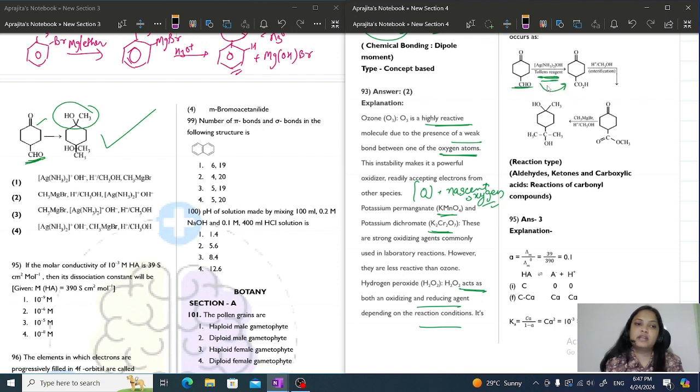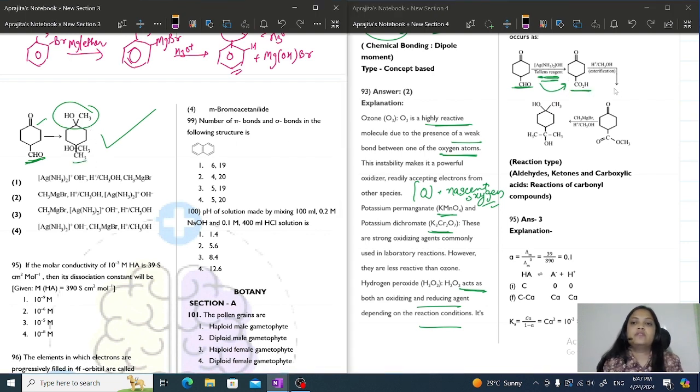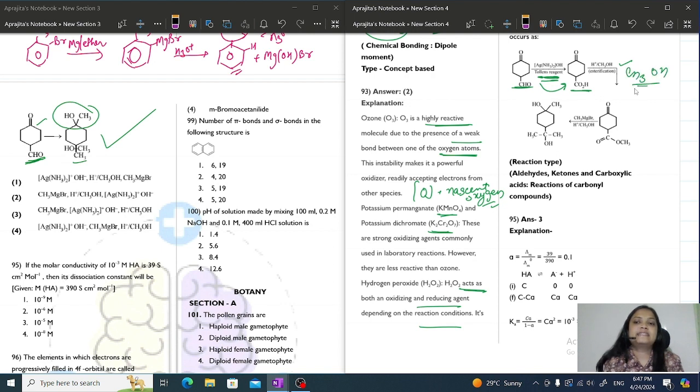Now we need to convert this carboxylic acid to an ester, so we will add methanol, CH3OH, and an esterification reaction will happen, giving an ester.